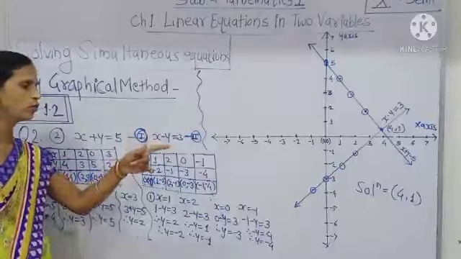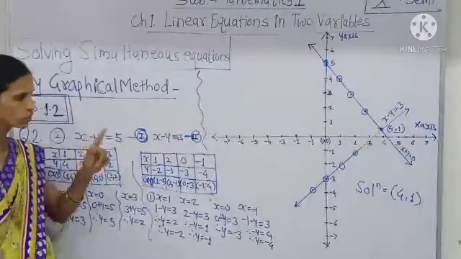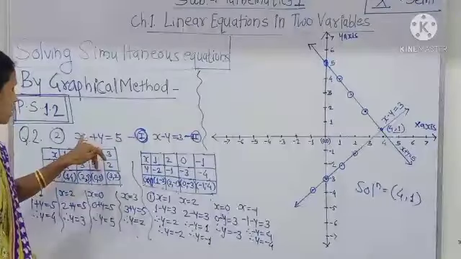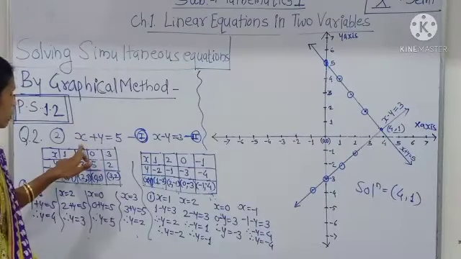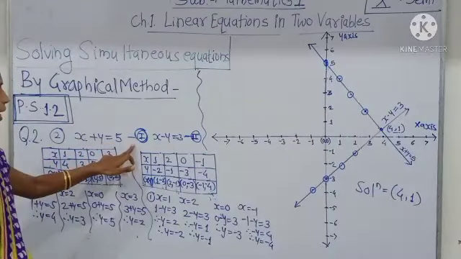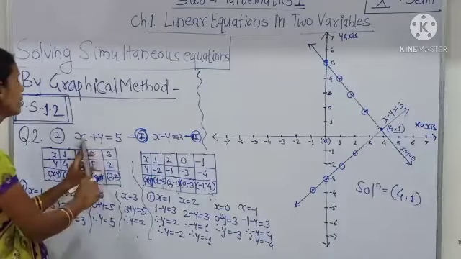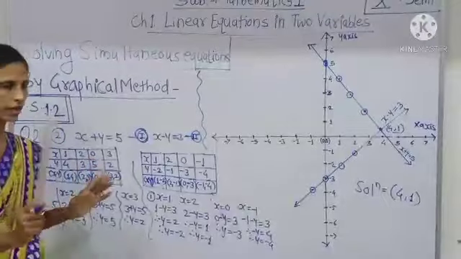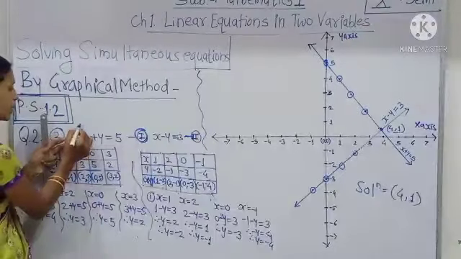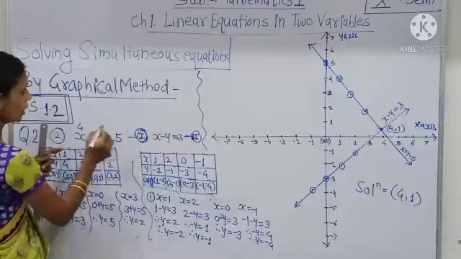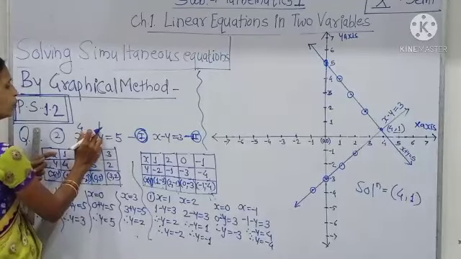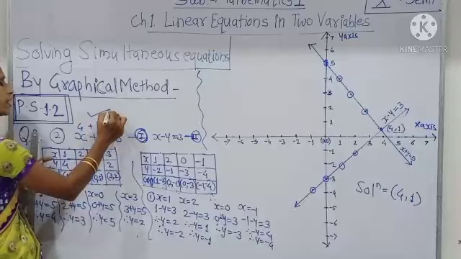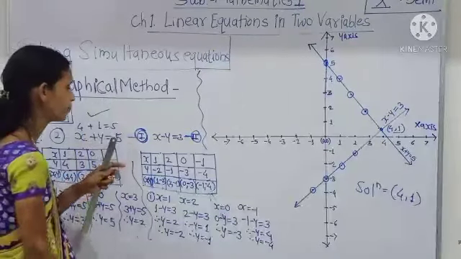Then if this value x is equals to 4 and y is equals to 1 is filled in these equations and if these values satisfy both equations, then our answer is correct. See here, if x is equals to 4 and y is equals to 1, then 4 plus 1 is equals to 5. That means it satisfies equation number 1.